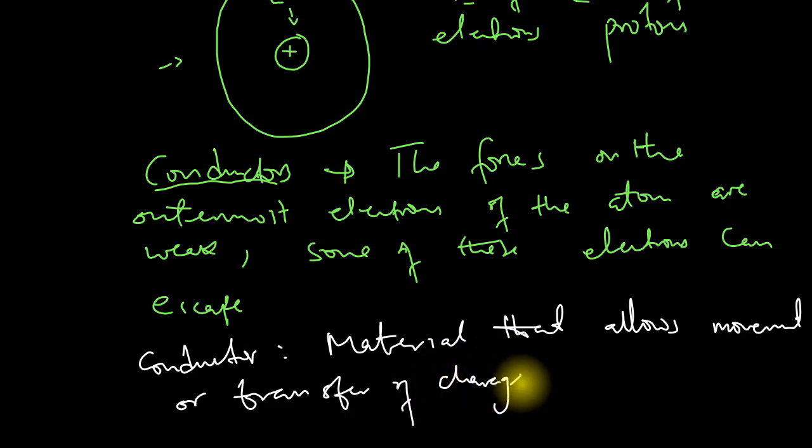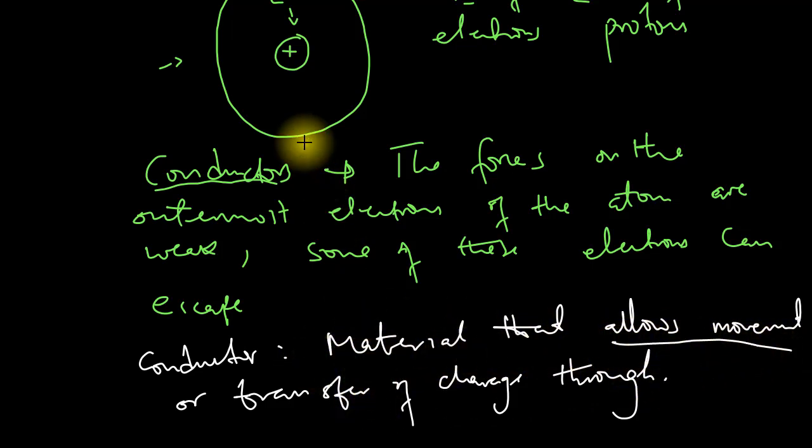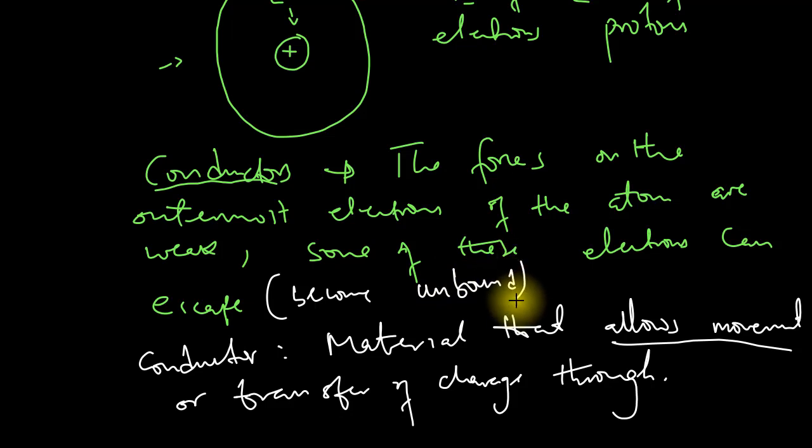The movement or transfer of charge through it. We have just seen why conductors allow the movement, because some of their electrons are not bound. So some of these electrons can escape. In other words, they can become unbound. So they are free to move within the material.